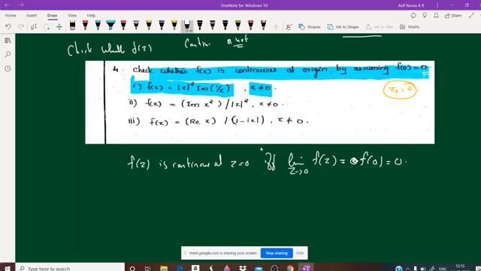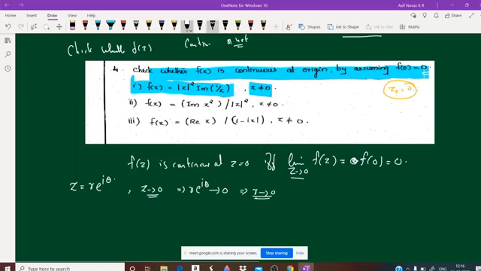Now we will convert this z into polar form. We know that z equals r e power I theta. As z tends to 0, r e power I theta tends to 0, which implies r tends to 0.